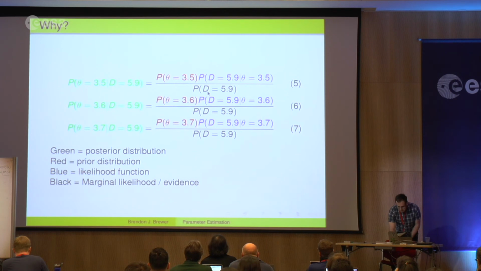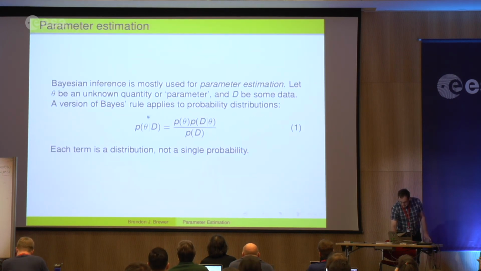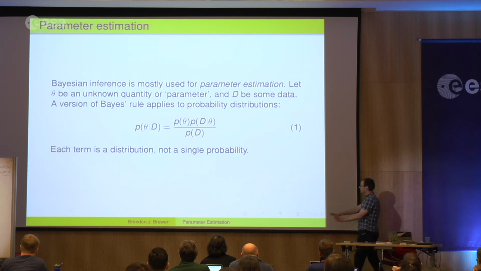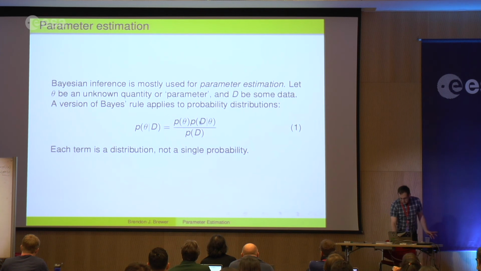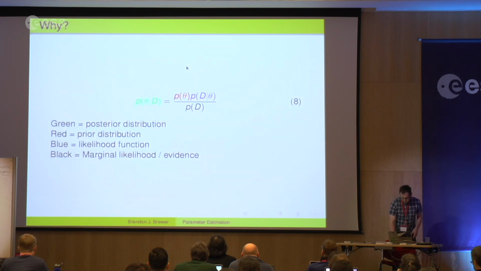So this denominator equals that product plus that product plus that product. And that's what I meant when I said earlier that I think of this as a parallelized version of Bayes' theorem. It just looks the same, but everything's a distribution instead of a single probability, and the relationships between all the terms stay the same, and we're doing all this in one equation instead of three. Okay, so that's the correspondence between that slide and that slide.